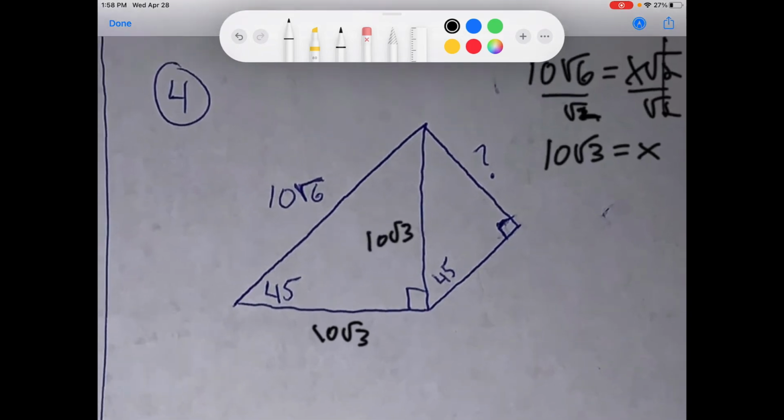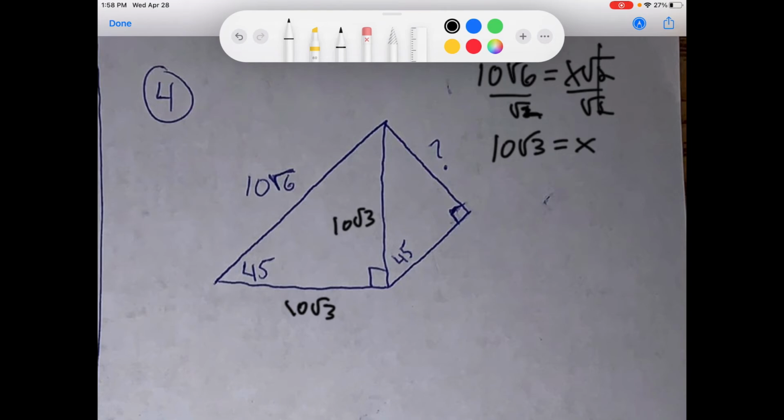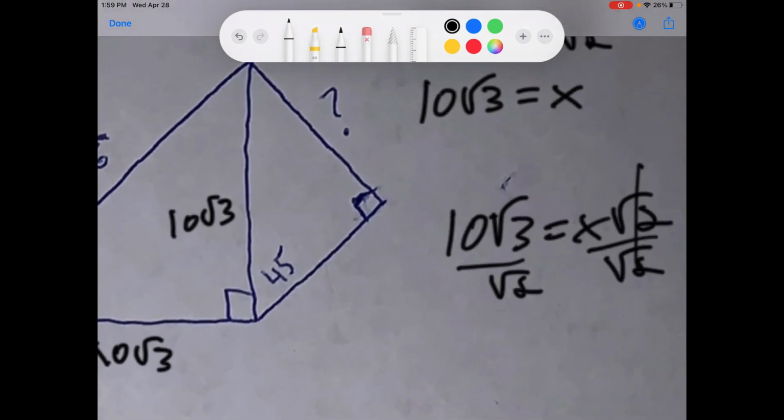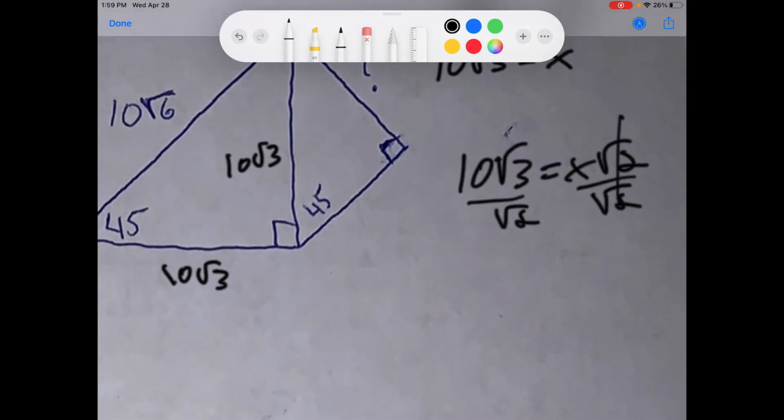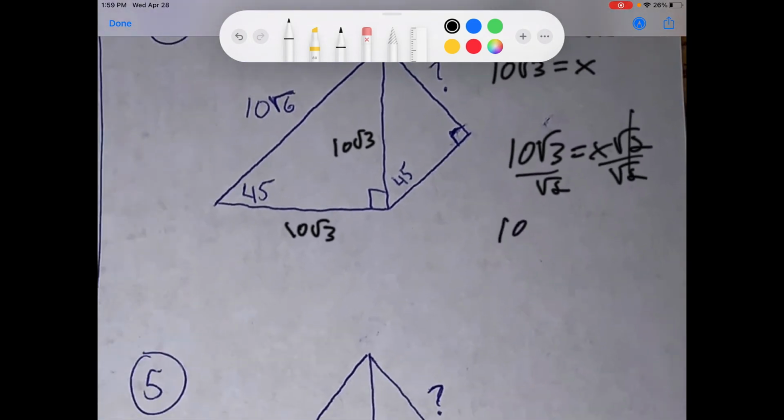Okay, so now 10 root 3, if you look at the 45, 45, 90 on the right, 10 root 3 now represents x root 2. Solve that one, and then we'll have it. Divide by root 2, divide by root 2. Now, root 2 will not go into root 3, so what we got to do is rationalize the root. 10 root 3 divided by root 2, we're going to multiply bottom and top by that root.